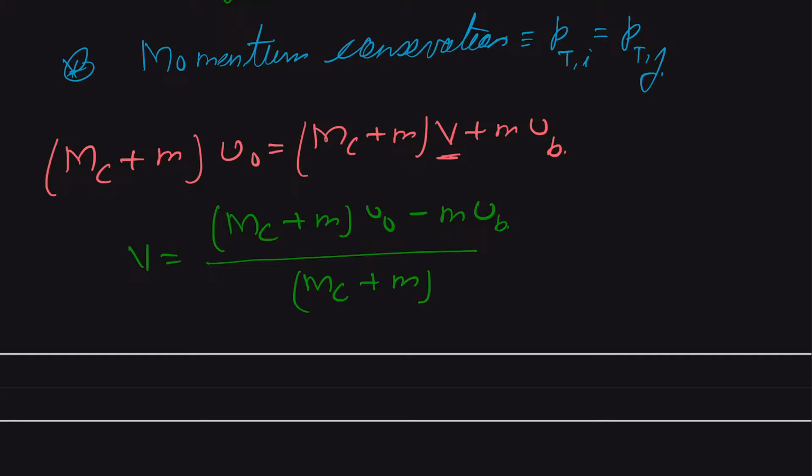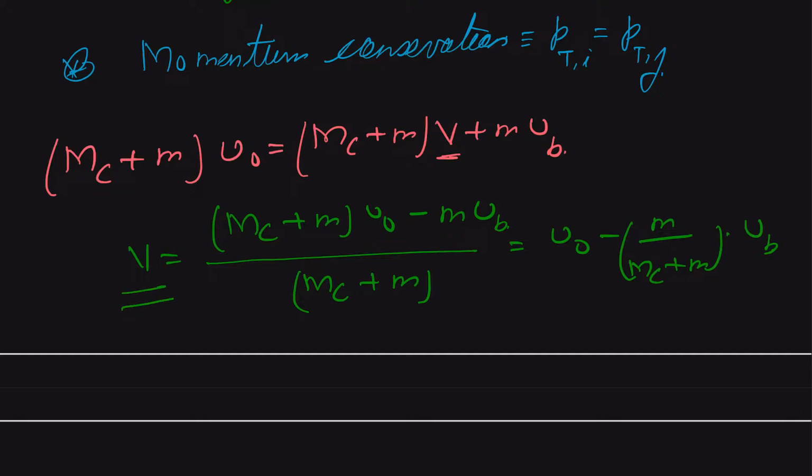For the solution, we can just separate the denominator, so we get V naught minus m upon (M_C plus m) times V_B.